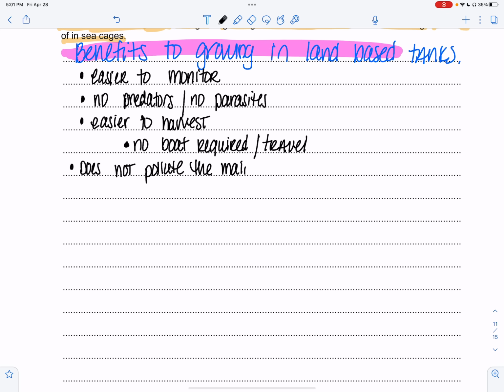Whereas having a sea cage will have pollution from the pesticides that you might use to control parasites, any kind of fungicides, viricides, vaccines, antibiotics, food, and excess waste dropping down through the sea cage.